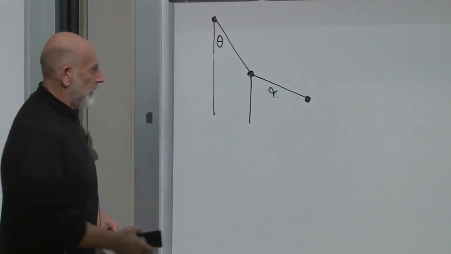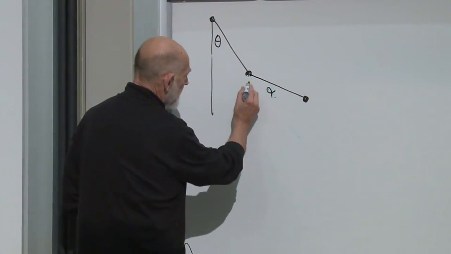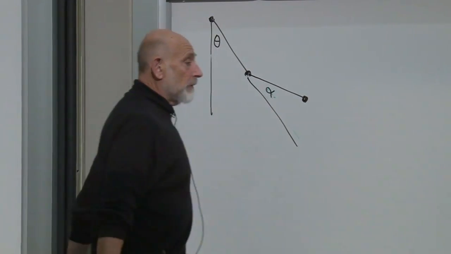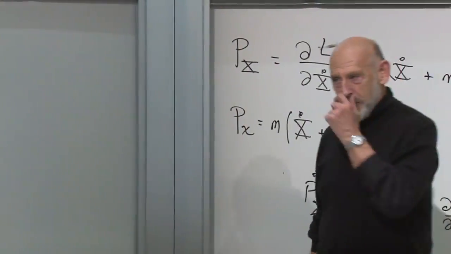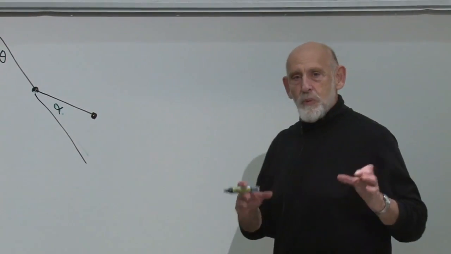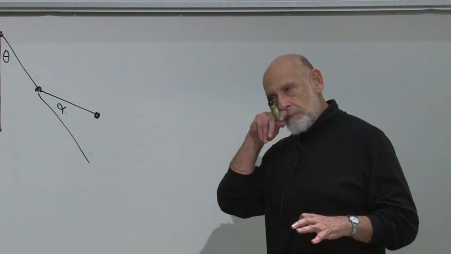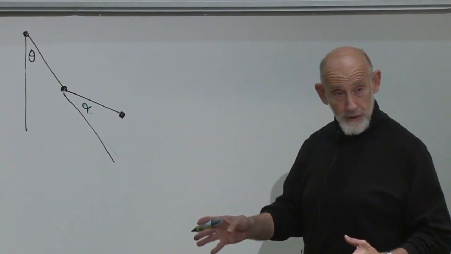It makes it a little more complicated, but nothing that we couldn't handle. Nevertheless, we'll use alpha. Okay, so how do you figure out the kinetic energy? Well, you could try working directly with the angular variables, but it's often a little more intuitive to say, look, let's work out the kinetic energy by starting with the kinetic energy in Cartesian coordinates and then rewrite it in terms of the angles.